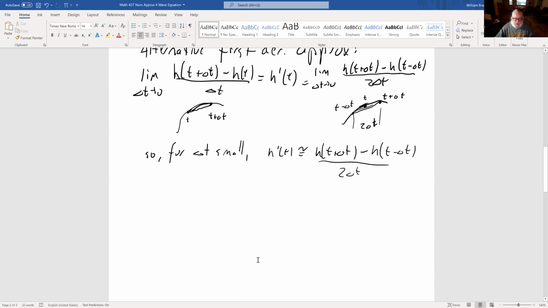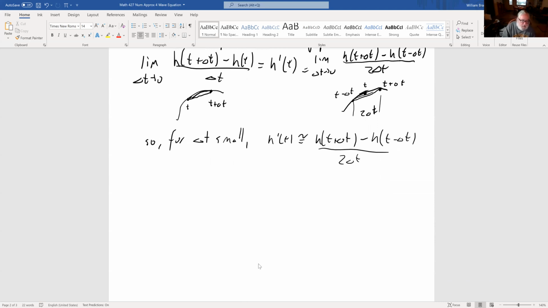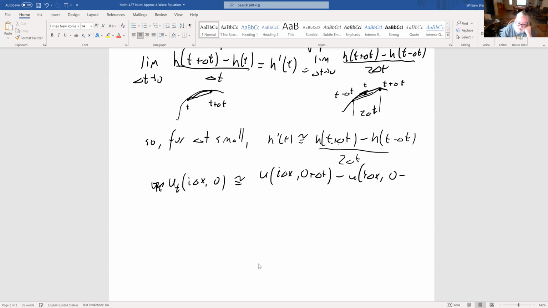So that tells us that u sub t at I delta x with time equal to 0 is roughly u at the point I delta x times 0 plus delta t, that's this part, minus u at I delta x, 0 minus delta t, that's this part, all over 2 delta t.